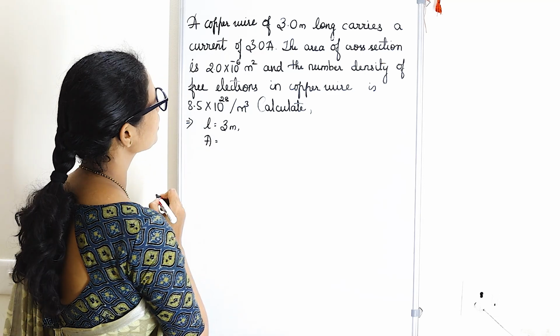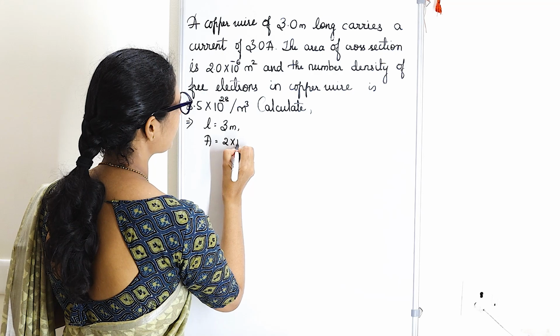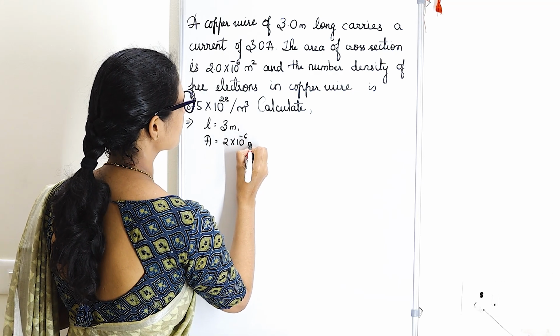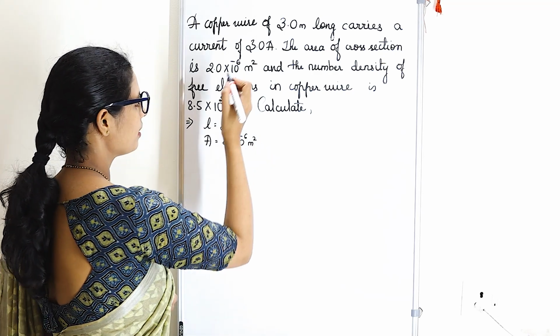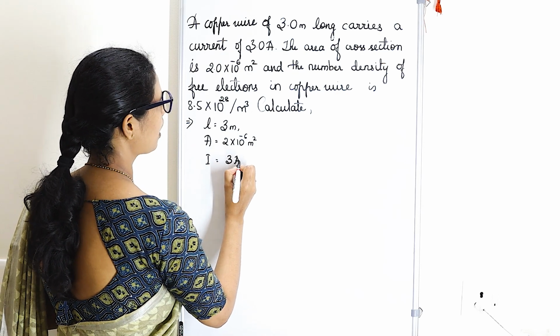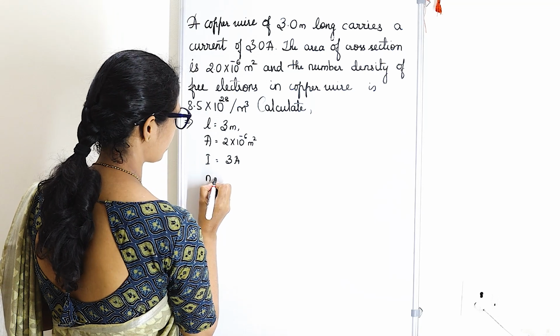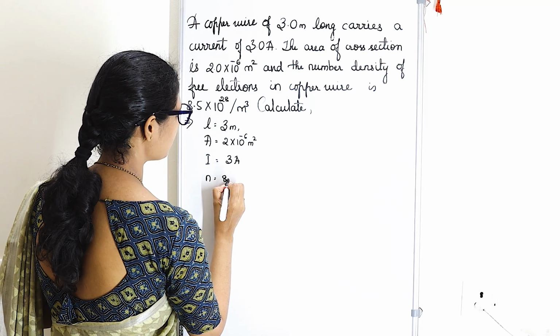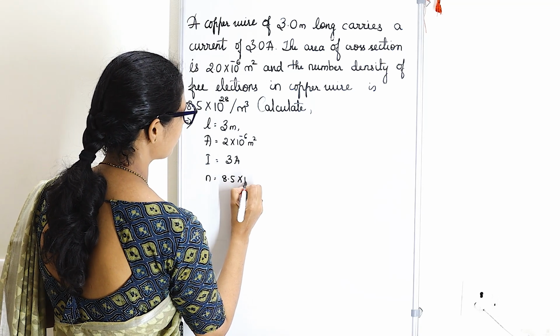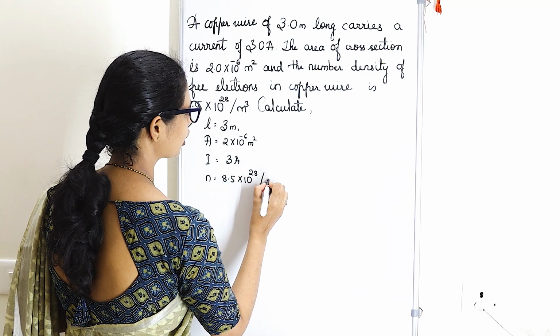The area is 2 into 10 to the power of minus 6 meter square, and then they have given the current. Current is 3 ampere, and then there is number density, small n. So that is 8.5 into 10 to the power of 28 per meter cube.